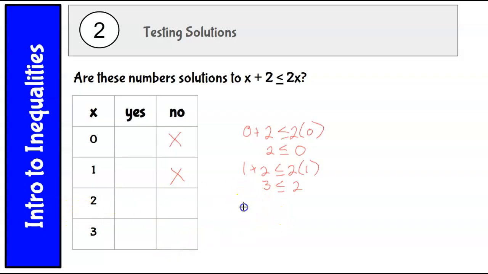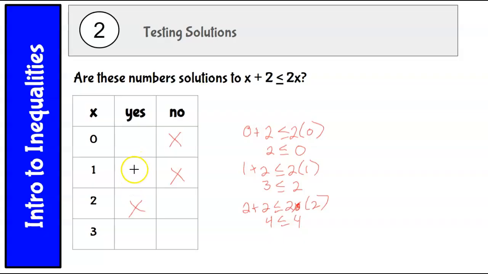How about 2? Oops, I forgot to replace that with a 2. There's so many 2s. Okay, 4 is less than or equal to 4. Because there's a line under here, the condition is it either has to be less than 4 or equal to 4. And 4 is equal to 4, so that is a solution.